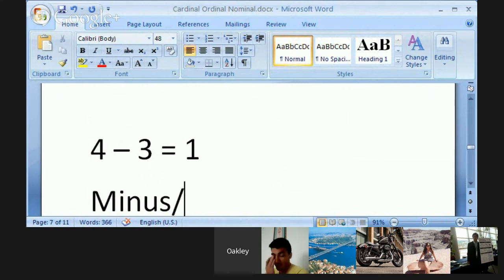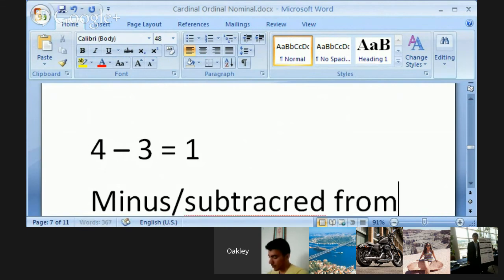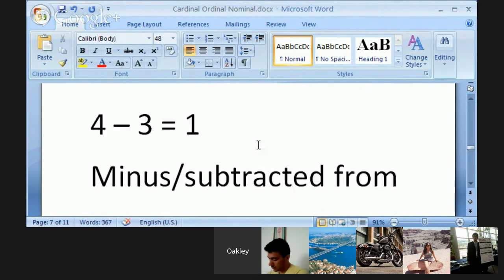Okay. Do you know another way to say it? 4 subtracted by 3 equal 1. Close. 3 subtracted from. Ah, okay. Subtracted from.